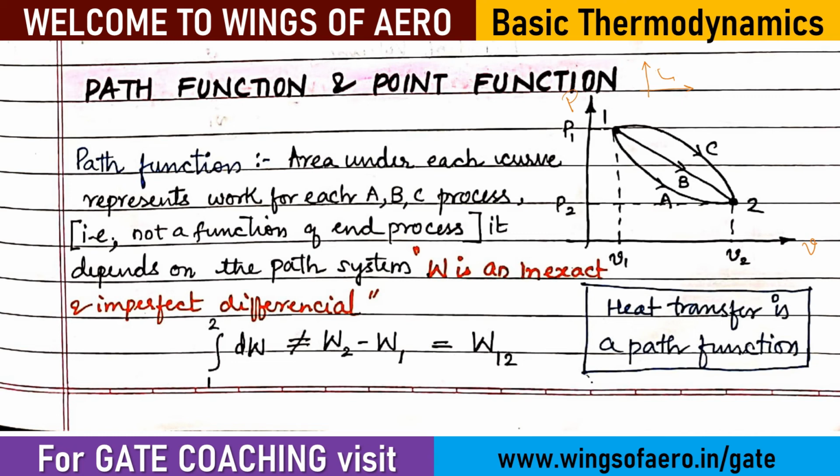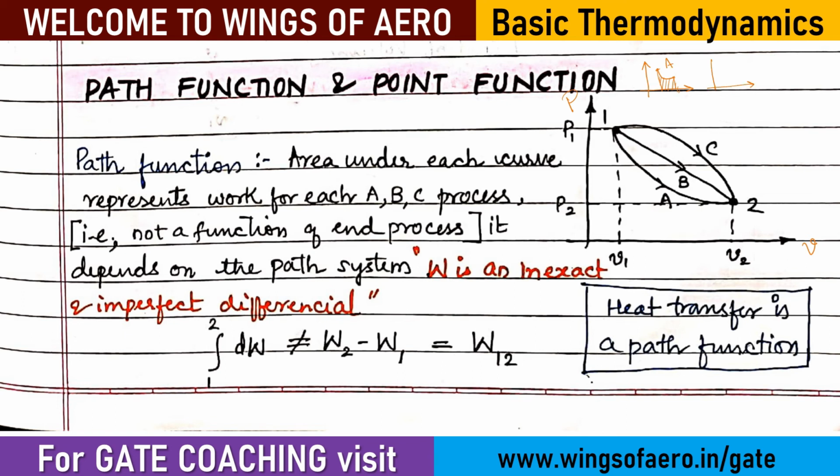Here to here. So the area under this is going to be my work done, that you know, the area under the curve is going to be the work done for the particular process. So this is for A.